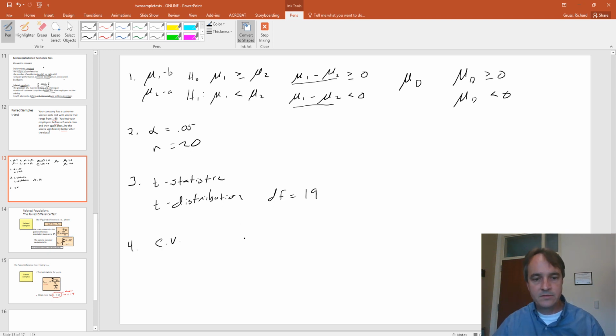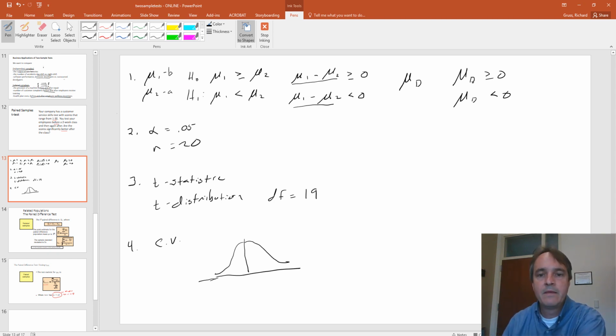As always, we try to remember what our distribution looks like under our null hypothesis. Our null hypothesis has it that the difference between the first and the second is greater than or equal to 0. So we are going to be rejecting when we are down here. If the null is true, we're going to reject when we see a value that is significantly smaller than 0.